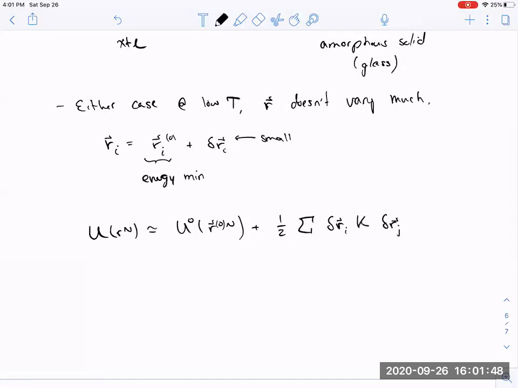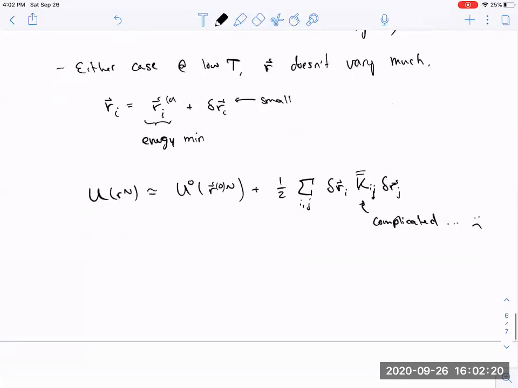And there's a matrix of partial derivatives with respect to the ij movements that I will call K. And that matrix is probably complicated because it tells you about how the total potential energy changes as they make small changes to the ith and jth particles position.